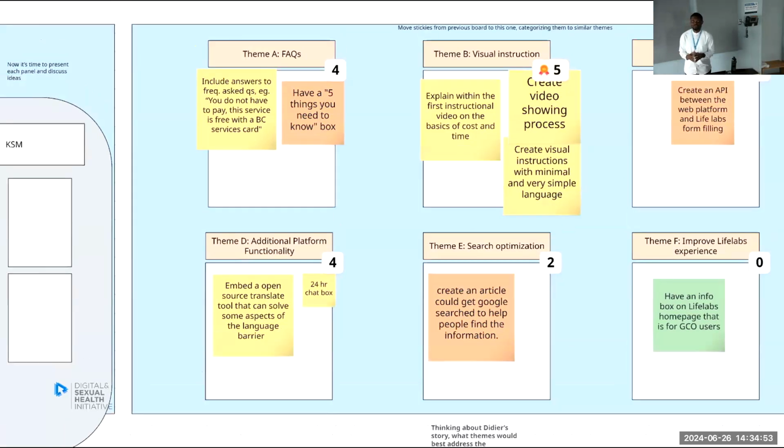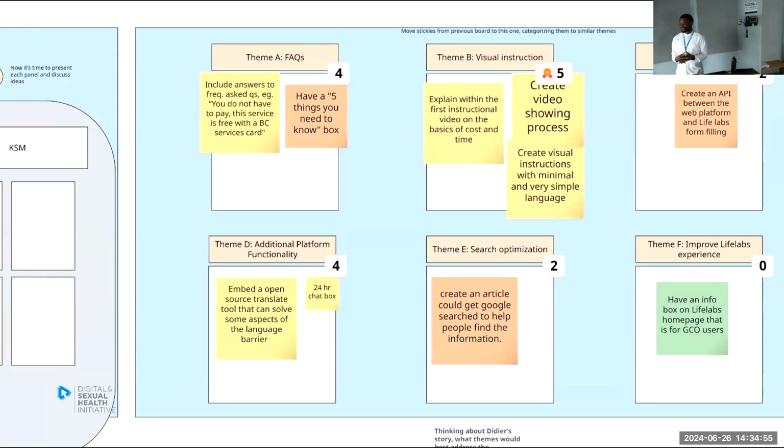So we have sort of six main groups of ideas that we've looked at online. The first one is an FAQ section, so just quick answers about things you need to know, or a things-you-need-to-know box. But then there's visual instructions, so a video showing the process, visual instructions with minimal, simple language.